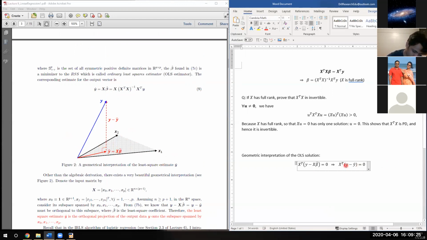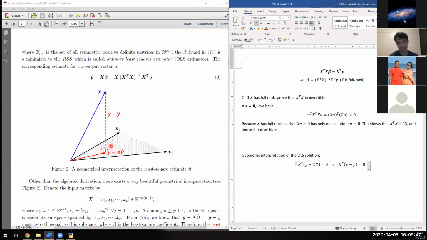This tells you that y hat, which is the estimated y, and y minus y hat, which is this line, must be perpendicular to this plane spanned by x1 and x2. That means it's going to be in this way.